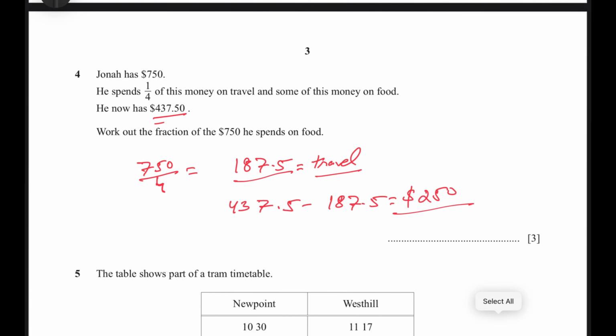Now work out the fraction. So the fraction will be 250 divided by the total, which is 750. 250 divided by 750 is actually 1 by 6. So he has spent 1/6th of the money on food.